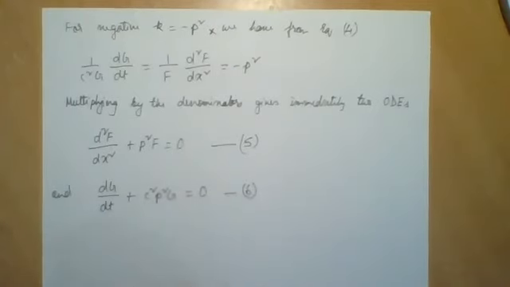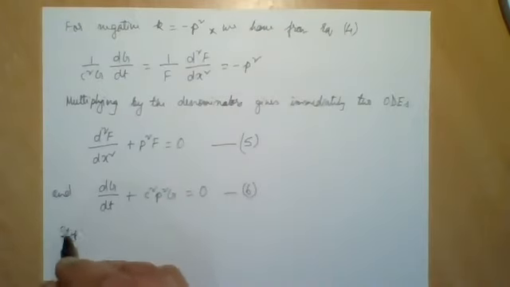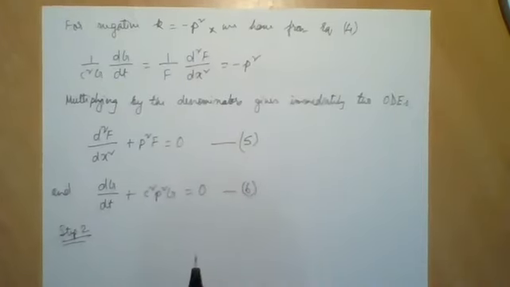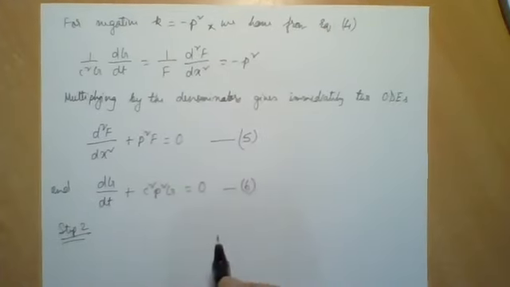What have we done in step number 1? We started with a partial differential equation, and by using the method of separation of variables, we have obtained two ordinary differential equations given by equations 5 and 6. Now, step 2: we are going to apply the boundary conditions.